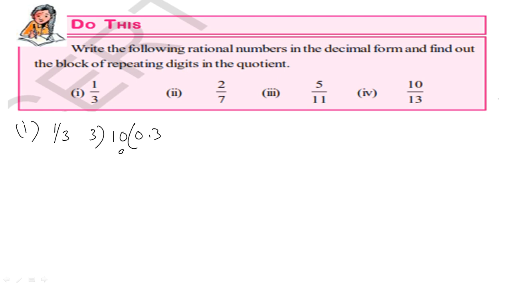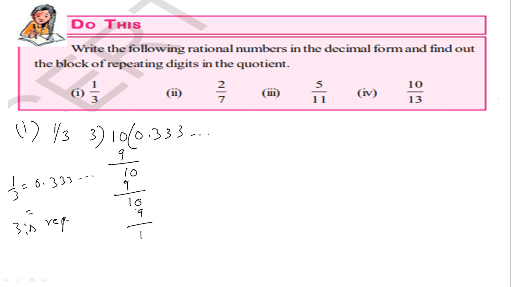So 3 3s are 9, 1, I'll put 0. 3 3s are 9, 1, 0. 3 3s are 9, 1 and so on. So this is repeating. So 1 by 3 is 0.333 and so on. So what is repeating? 3 is repeating.